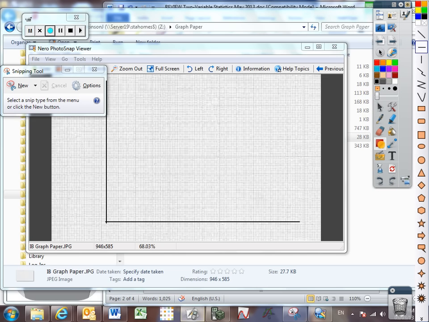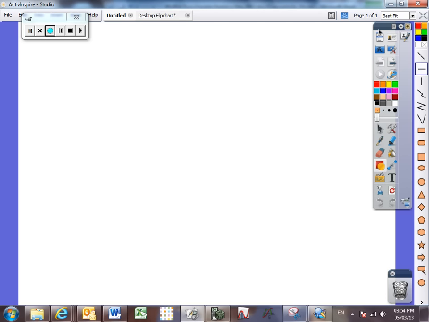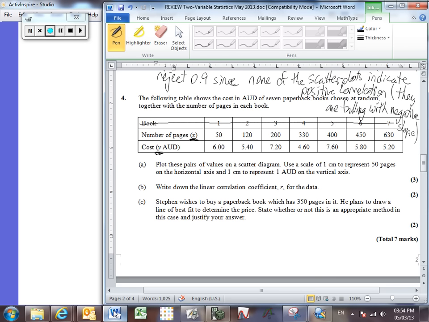Alright, there it is. So never mind. Let's just get out of here and go back into the Word document, and I'm just going to have to draw you a very rough scatter plot, sorry.